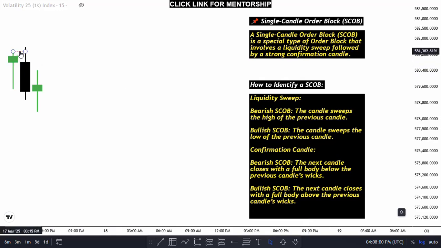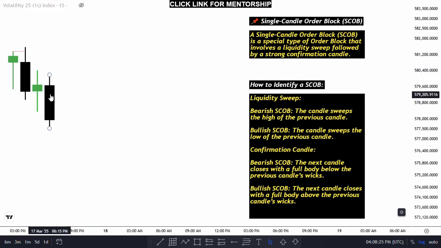That has already happened. And then for confirmation, for you to call this a single candle order block, you need the next candle to close with a full body candle below the previous candle's wicks. This next candle did not close below the wick here, so this is not a single candle order block yet.